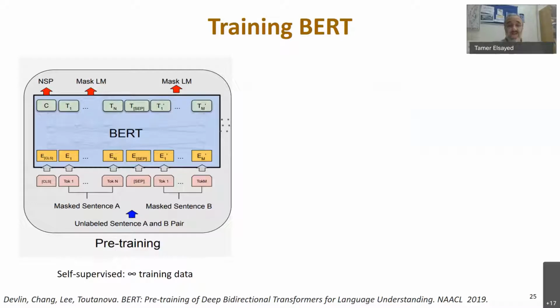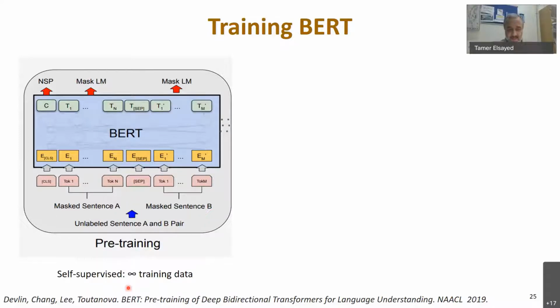Pre-training is done using a self-supervised approach, very similar, in principle, to the way we train Word2Vec. We'll see how, but it is self-supervised. It's completely unsupervised. We don't use any manually labeled data. We just use text data that is available.